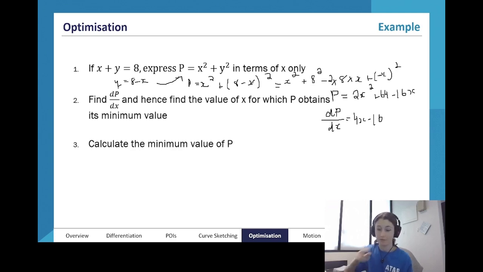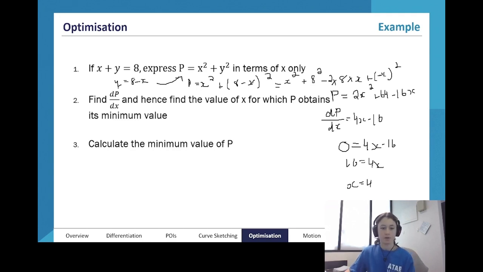Remember, when we're finding a minimum or maximum value, that's going to occur at the stationary point. So we need to find when this derivative is equal to 0. So we're going to let this equal 0. So we're going to get 16 equals 4x. x is equal to 4.